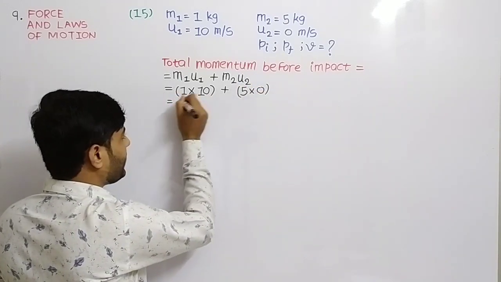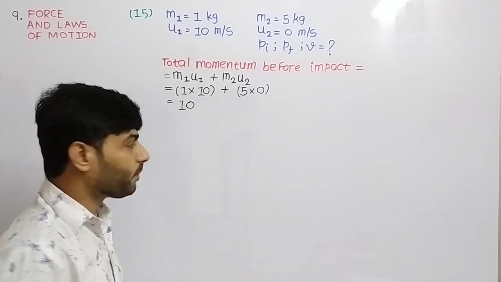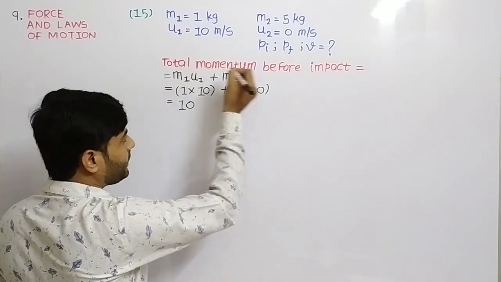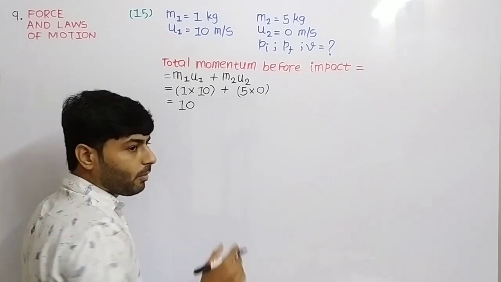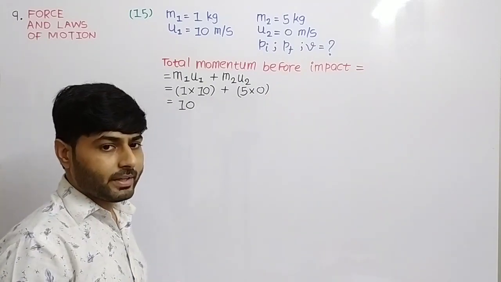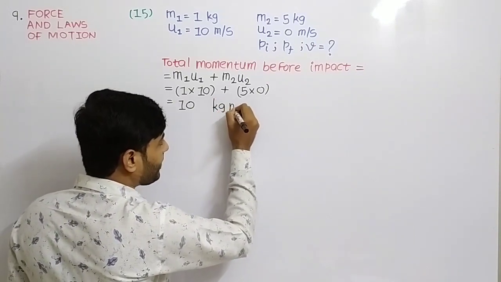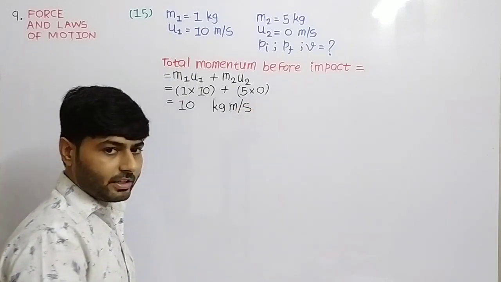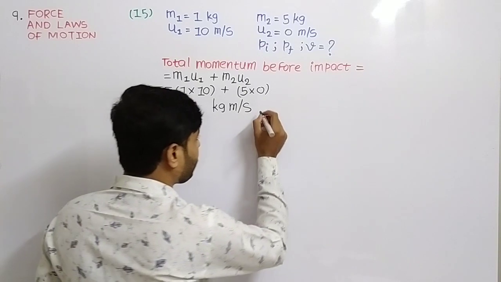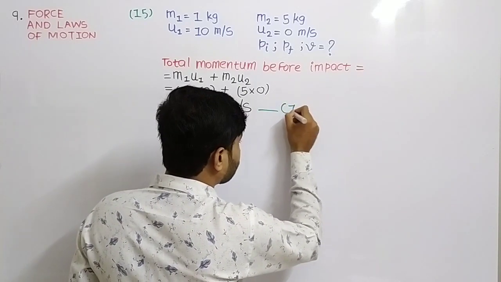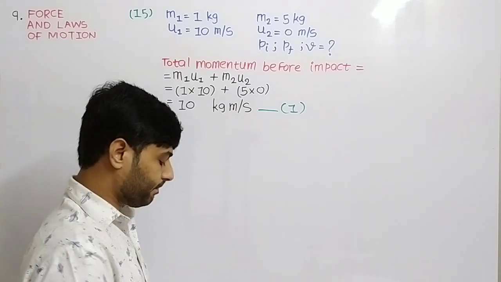So 1 into 10 is 10 plus 5 into 0 is 0. So total momentum before impact is equal to 10. What will be the unit? Think by yourself. That is kg meter per second. Don't forget to write this unit, kg meter per second, and give this equation number 1 or result number 1.